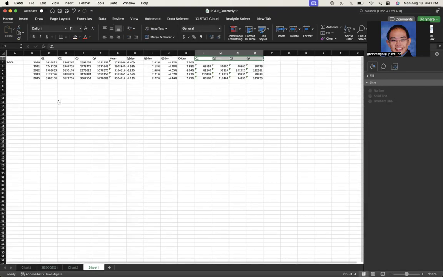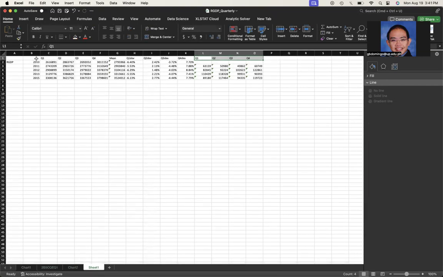So in this one, I have isolated several years of GDP: 2010, 2011, 2012, 2013, and 2014. I have indicated here the quarterly GDP figures, and these are real GDP figures. Let us try to plot this using Excel.